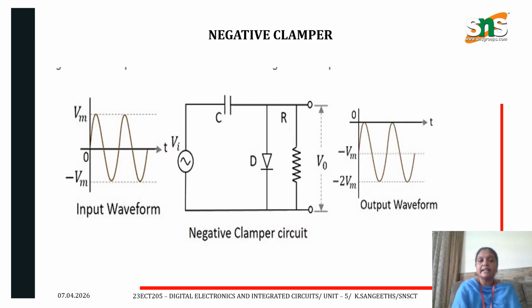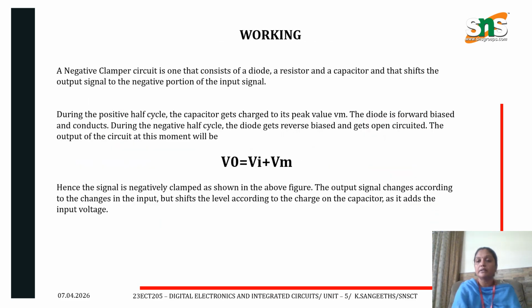And this is the negative clamper circuit, and the same principle applies, but in the negative clamper circuit, during the positive half cycle, the capacitor C is charged and the diode D1 is conducting.